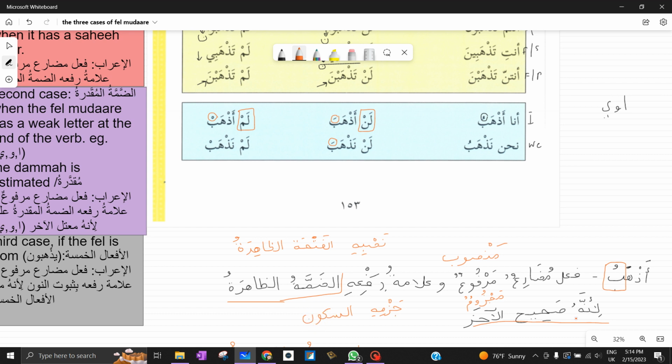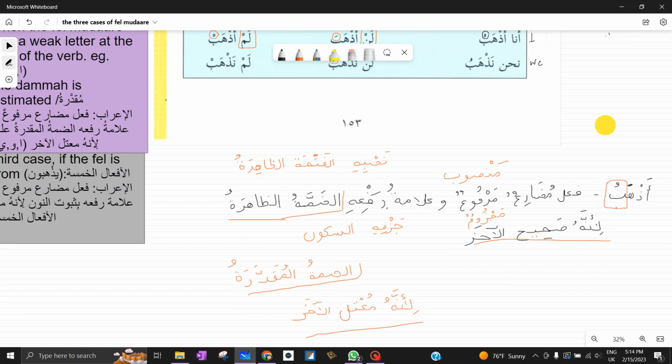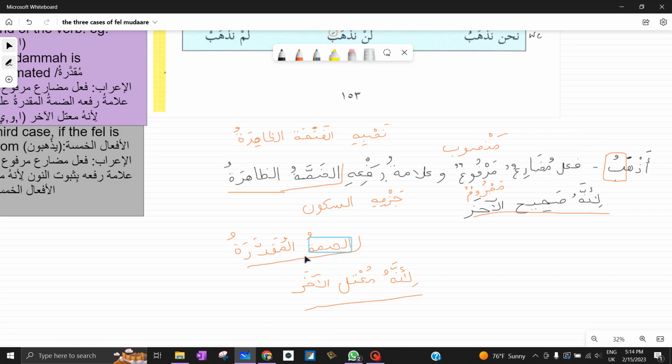As-sukun. And as-sukun لأنه صحيح الآخر, because it is a sahih letter. In case of a weak letter, the same sentence you will write: السكون المقدرة لأنه معتل الآخر.